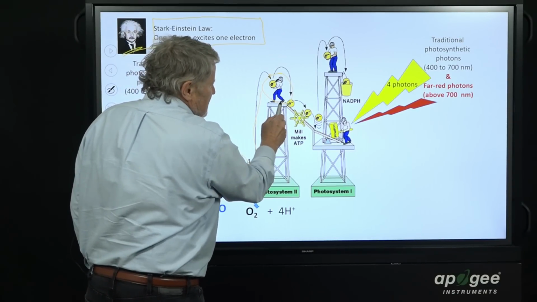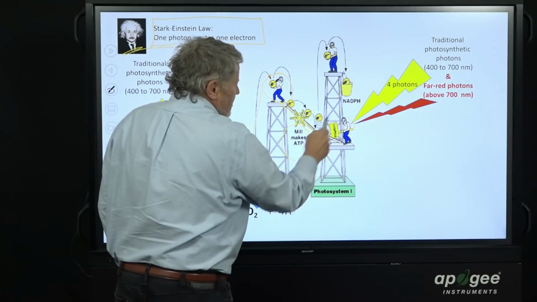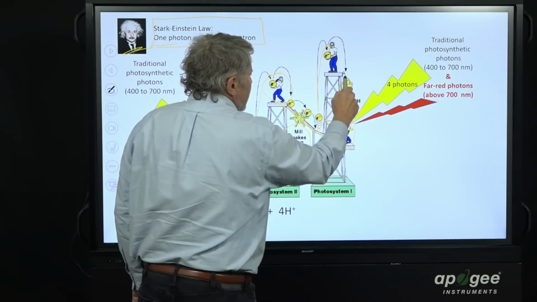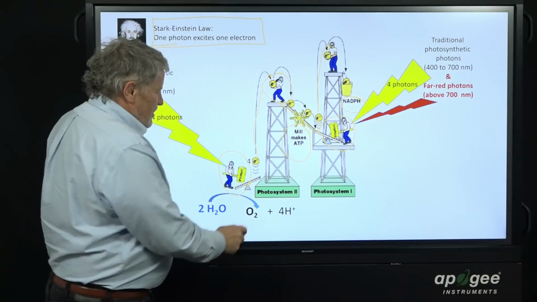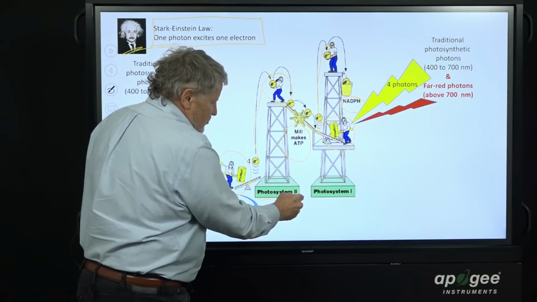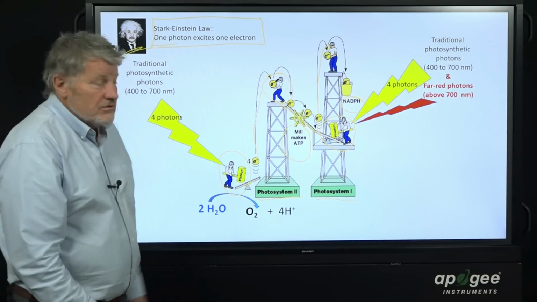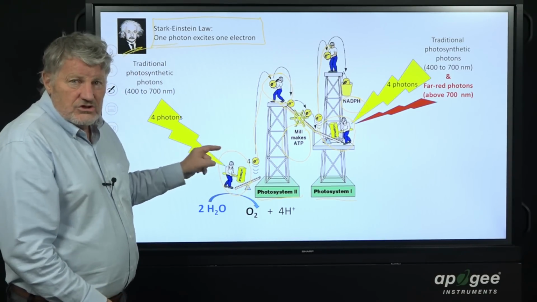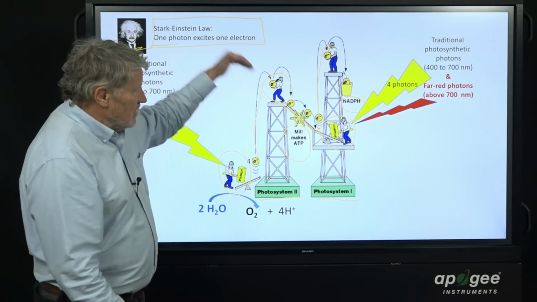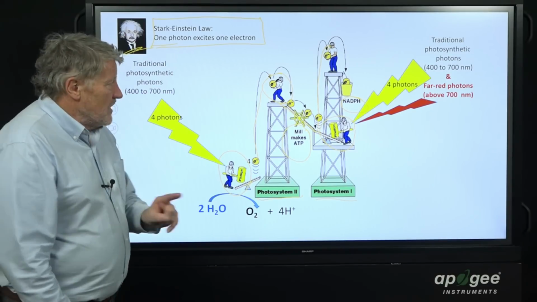That electron cascades down in energy and it makes ATP. Another photon comes in, boom, another electron goes up, and this makes NADPH. This is photosystem 2, this is photosystem 1. Water is split here in the photosystems, but this is a really good example of the energy state of photons exciting electrons in photosynthesis. Here's the key.